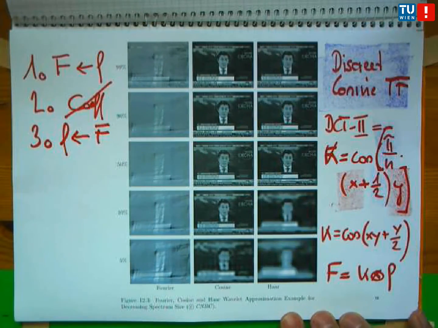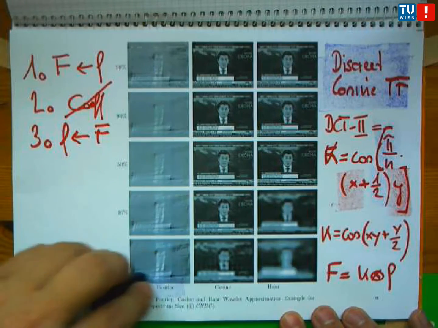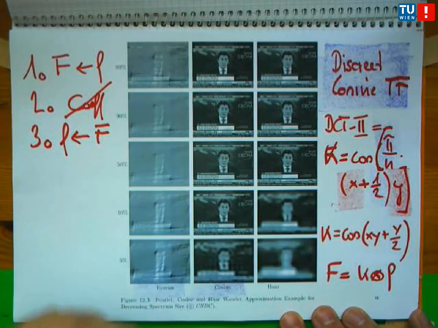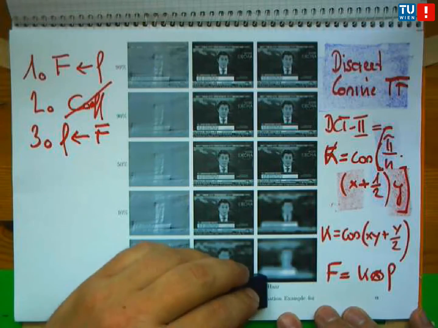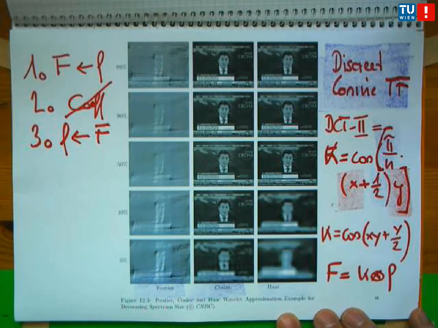This for three functions: Fourier transformation, cosine transformation, and a so-called wavelet. What that is, I will explain to you in a minute.